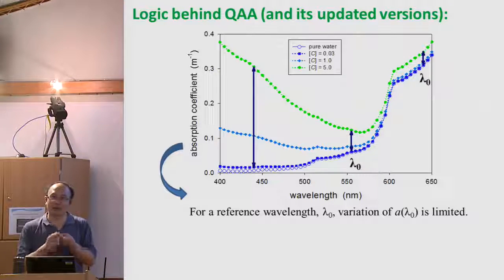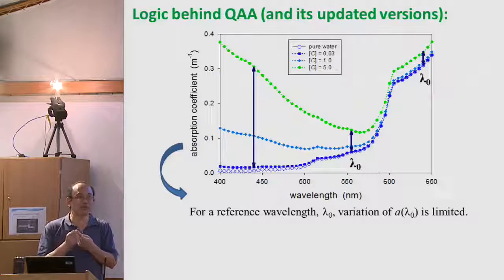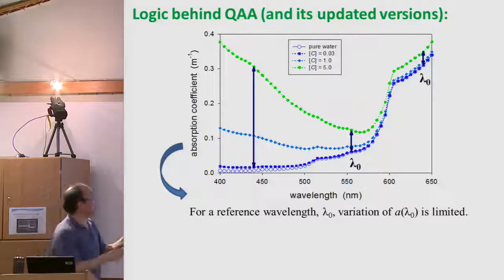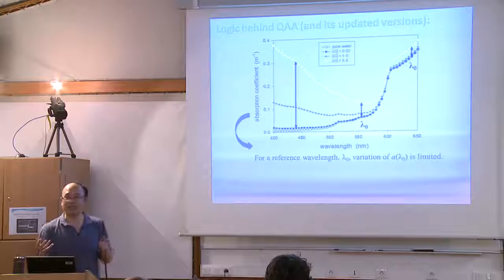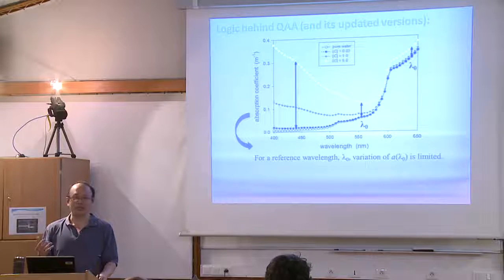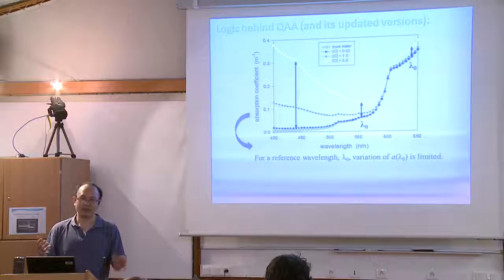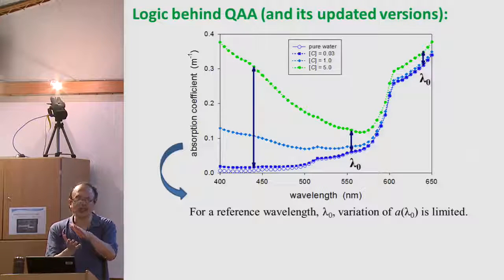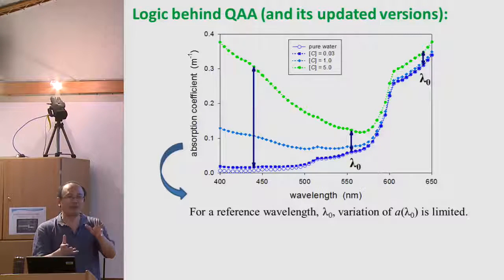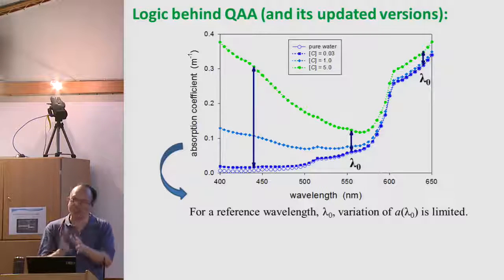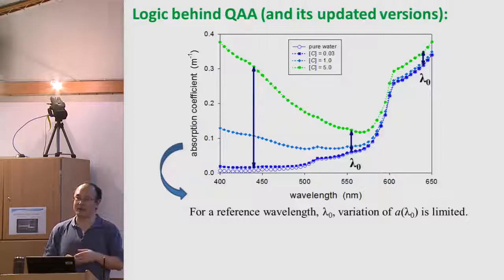So it's a combination of both factors. First, you have to have a very reliable remote sensing reflectance at that wavelength. Second, for that wavelength, the variability of the total absorption is in a narrow range. So the selection of 550 or 640, basically it's a compromise between the two factors. The total absorption is in a narrow range, and also from satellite, we have reasonably good remote sensing reflectance for those wavelengths.